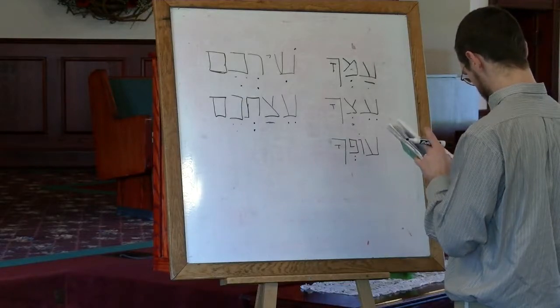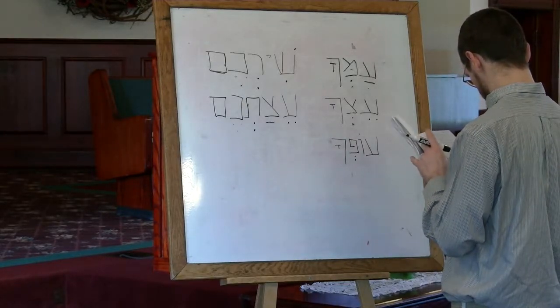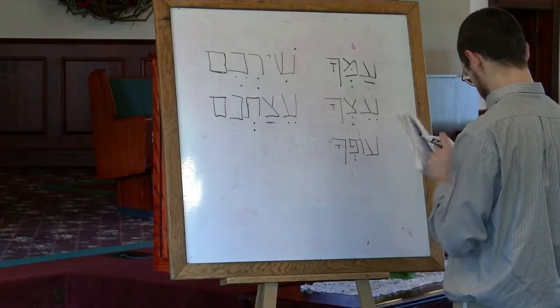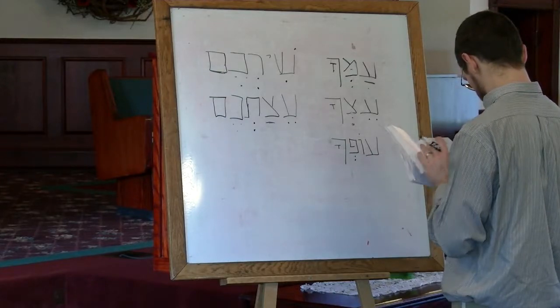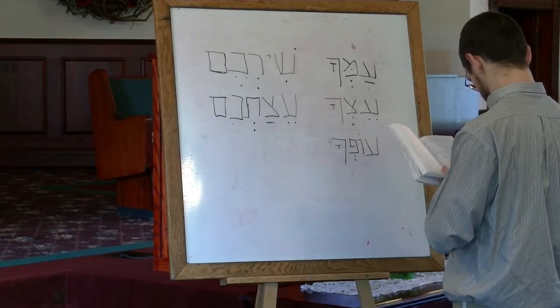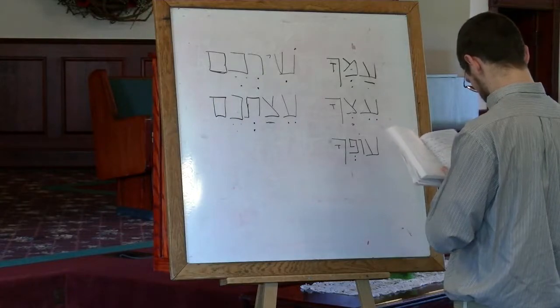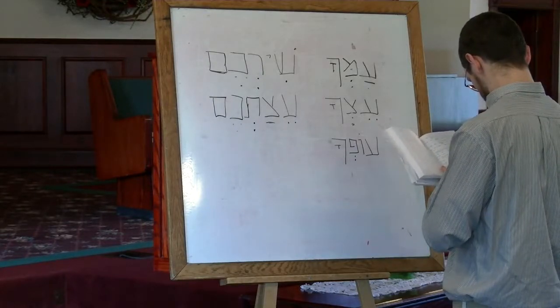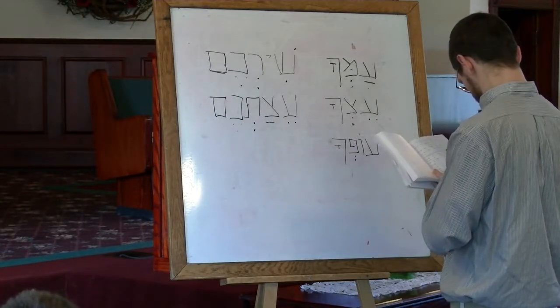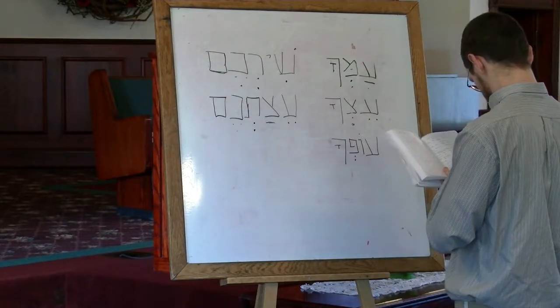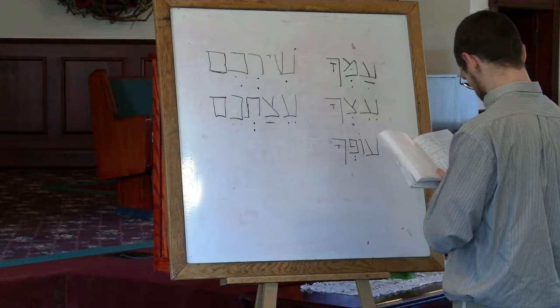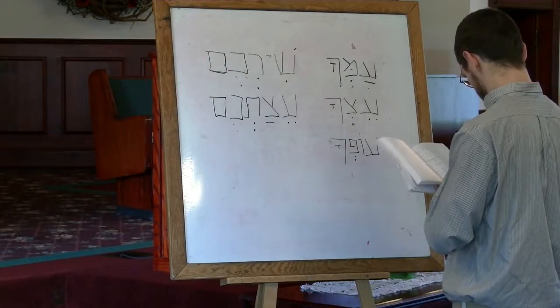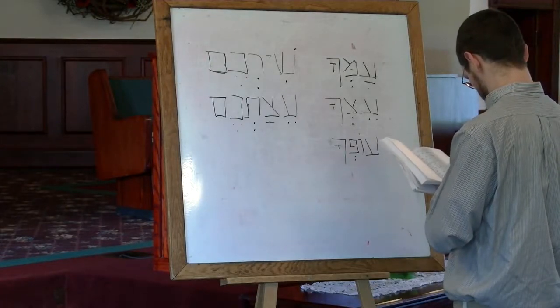Oh, it's right there, Eitzah. So Eitzah, the construct singular is Atzath. The singular with first person suffix is Atzathi. Absolute plural is Eitzoth. Construct plural is Atzoth. So here, what it's asking for is your masculine plural advice.